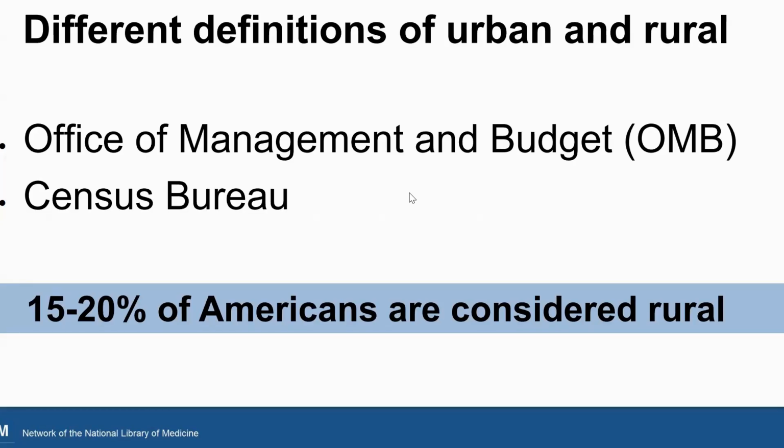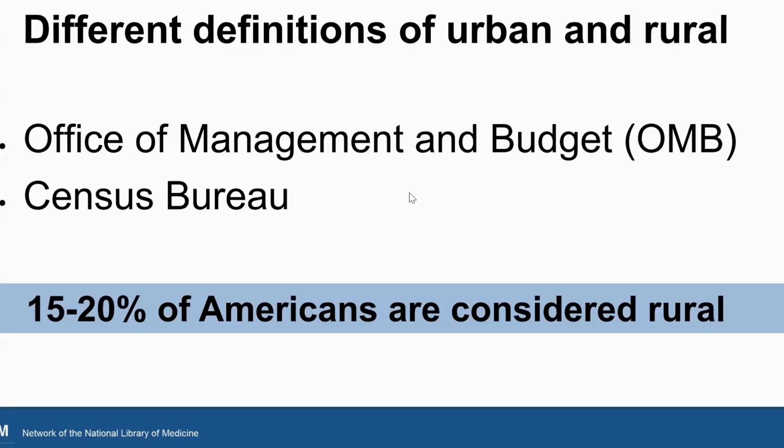The two that you may come across most often are from the Office of Management and Budget and from the Census Bureau. They basically give a range. So about 15 to 20% of Americans are considered rural based on the definitions.